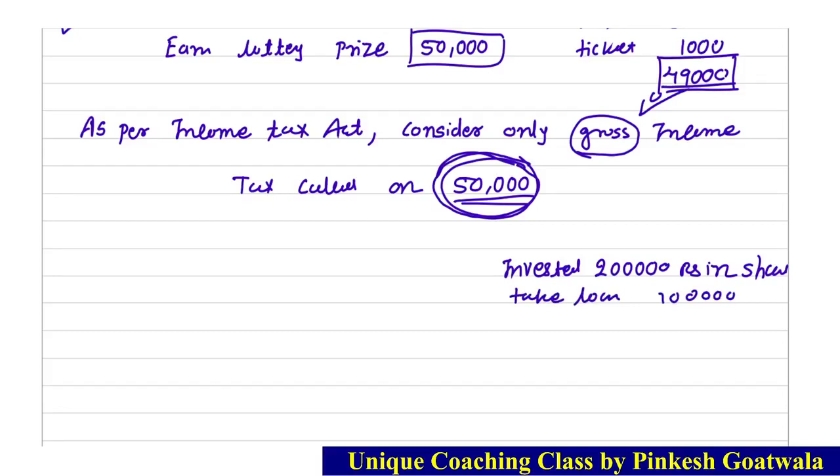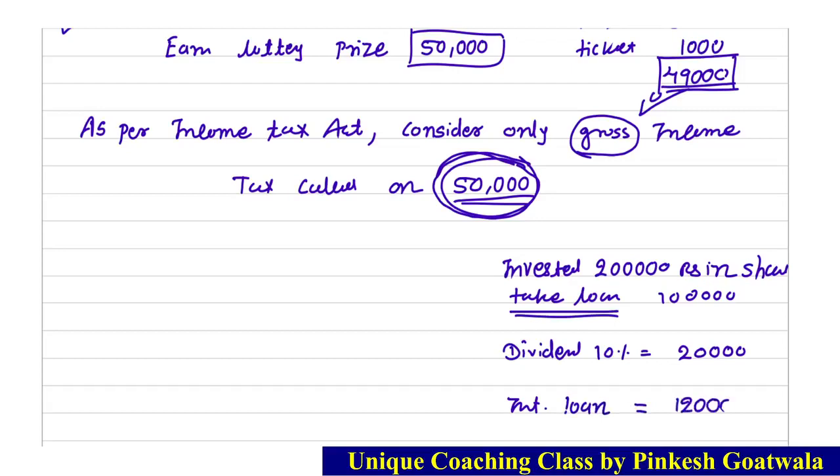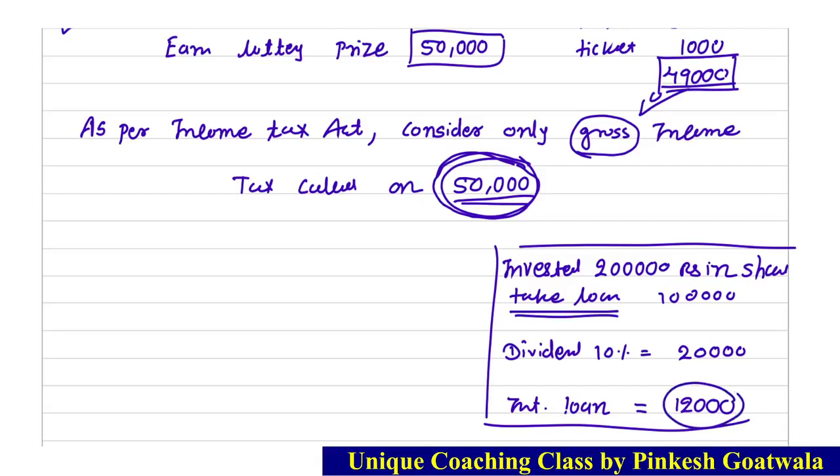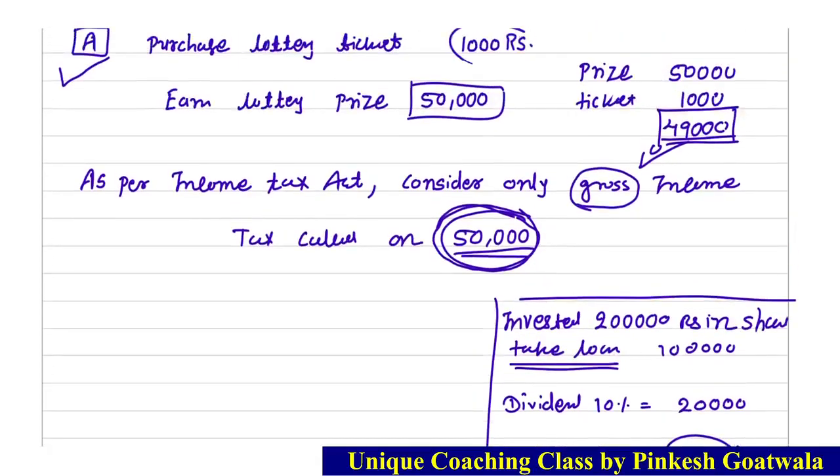Now if he gets dividend at the rate of 10%, he will get 20,000 dividend. The loan interest he paid within a year was 12,000. So here in case of dividend, this 12,000 will be deducted, but here he cannot get the 1,000 as a deduction.